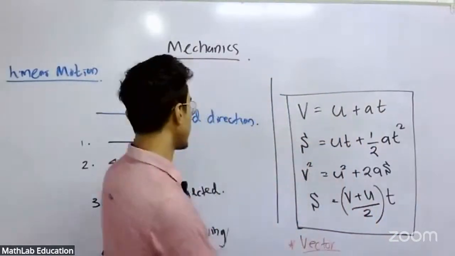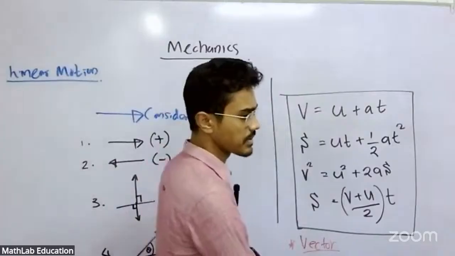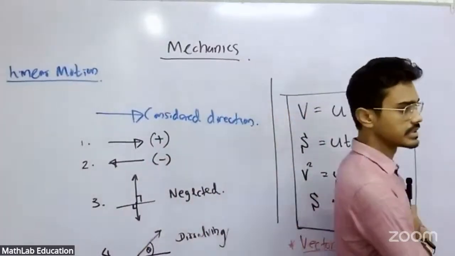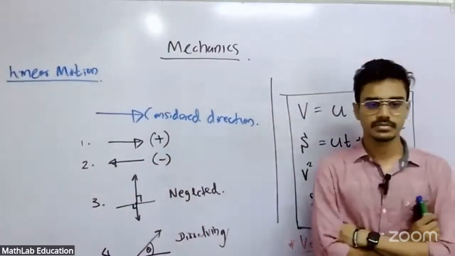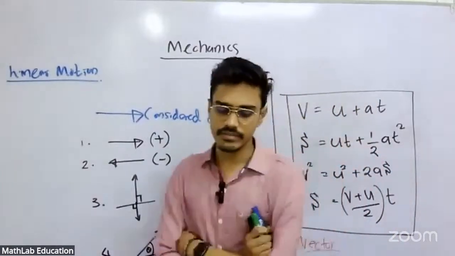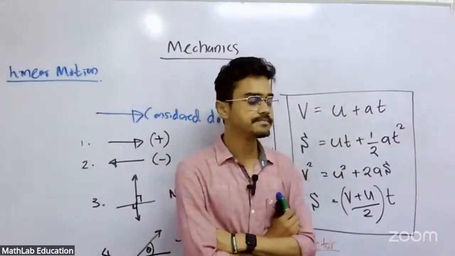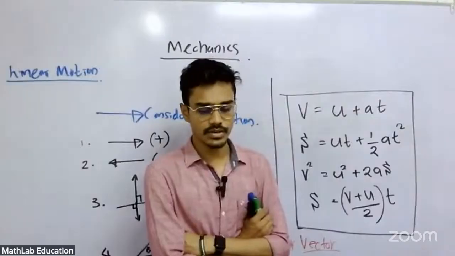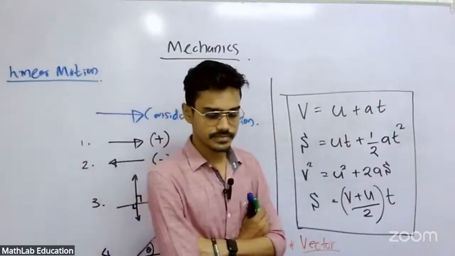Zero within brackets, neglected, right? So since the value is zero, we can neglect it. That's the idea.